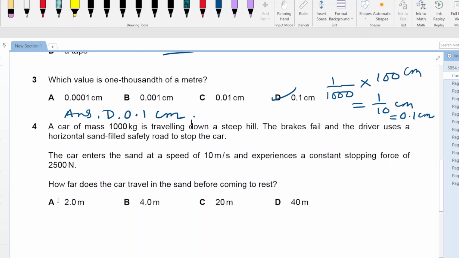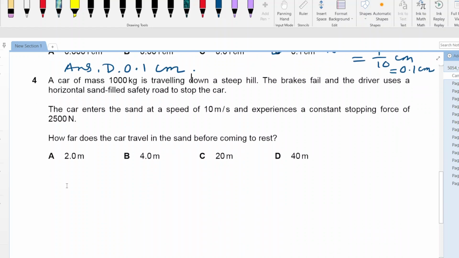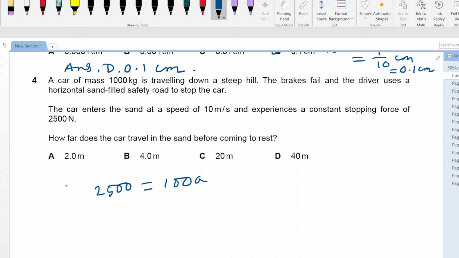At first, this 2500 Newton is the stopping force, and mass is 1000, and deceleration is a. Applying Newton's second law, a equals 2.5 meter per second square.